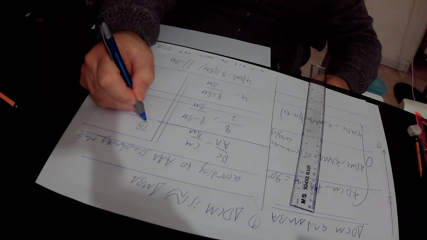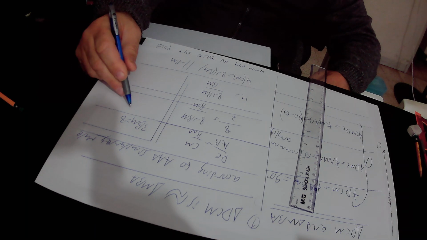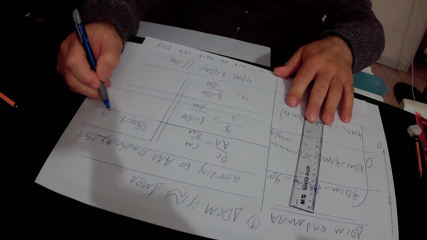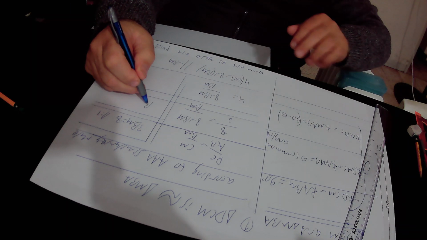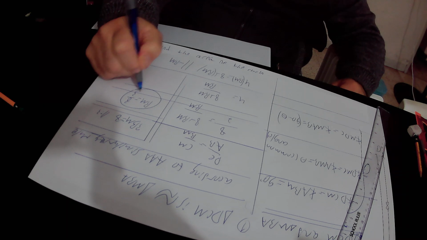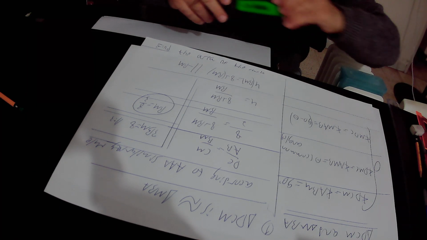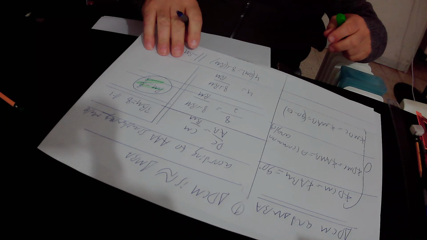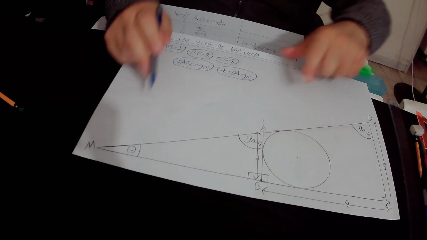So 3 BM equals 8. Here we divide this equation by 3. And finally, we get that BM equals 8 over 3 units in its length.